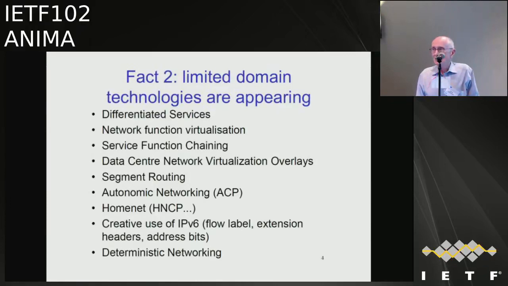And one of the things that's also come clear to me is that limited domain technologies are appearing in the internet. Differentiated services appeared 20 years ago, for example, and are explicitly limited to a domain within a domain boundary. Network function virtualization, service function chaining, NVO3 overlays, segment routing, autonomic networking itself. The ACP is very specifically a limited domain.